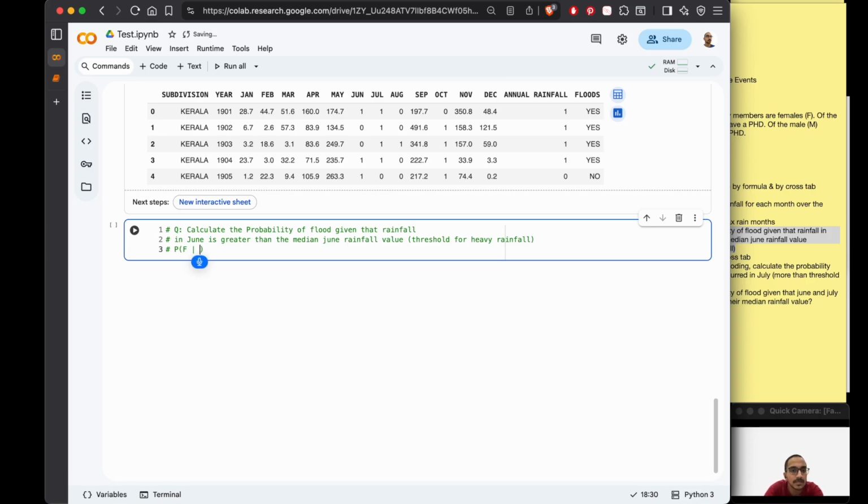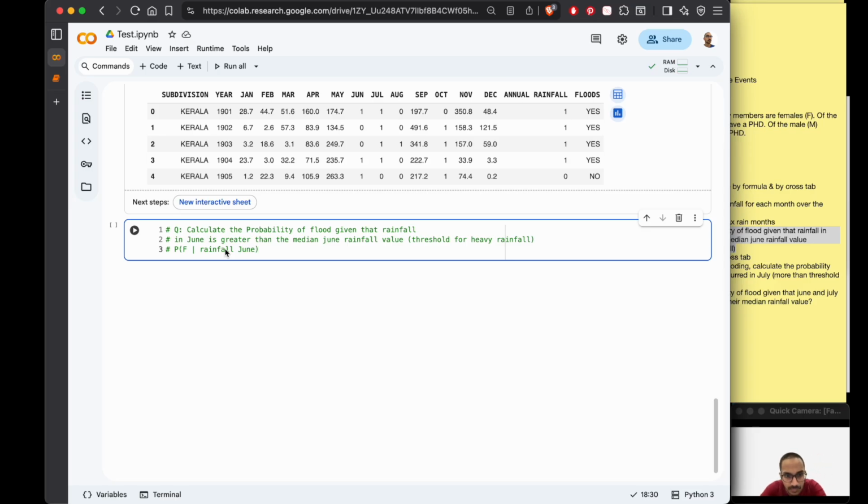Wait, calculate the probability of flood given that rainfall in June is greater than the median June rainfall value. Given that rainfall in June is greater than the median rainfall value.